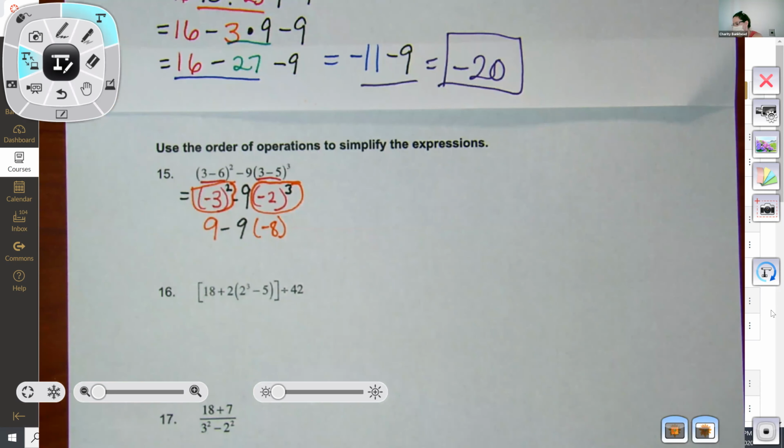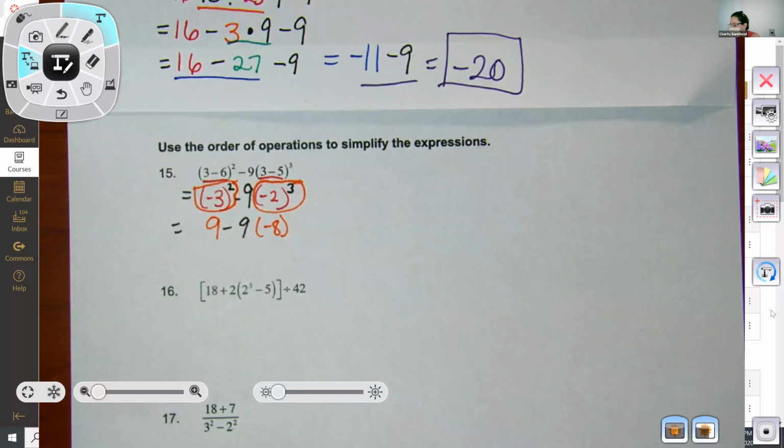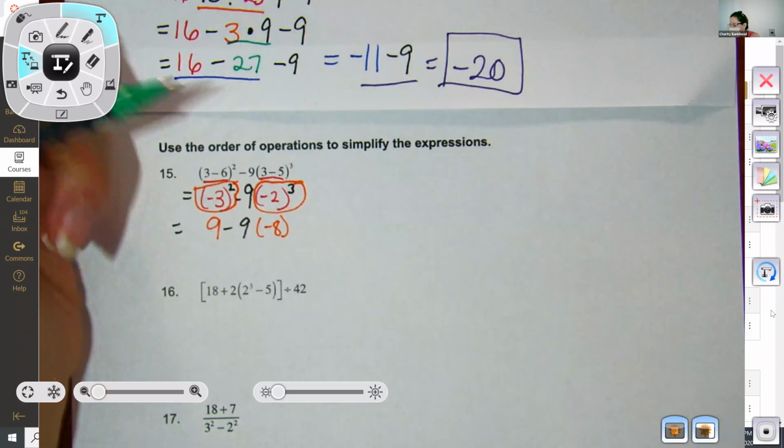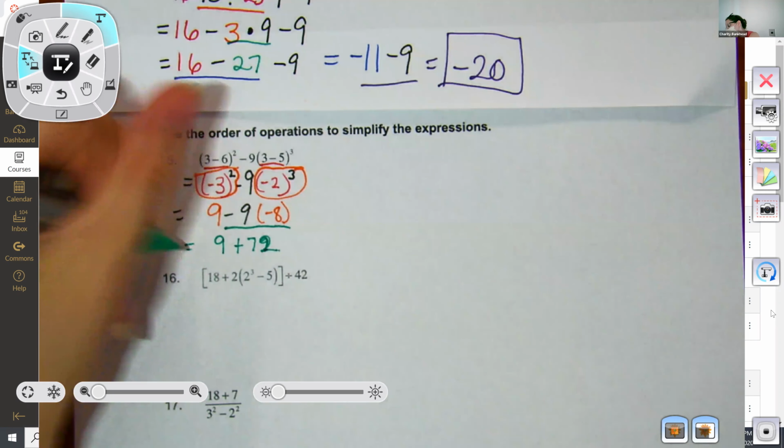So next I need to multiply. Negative 9 times negative 8 is going to be positive 72. So I'm going to do 9 plus 72 equals 81.